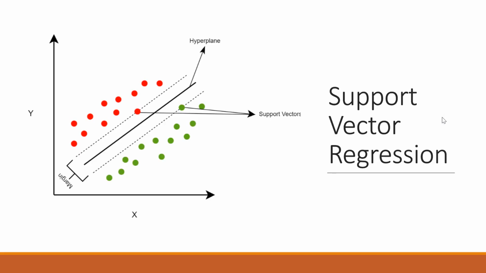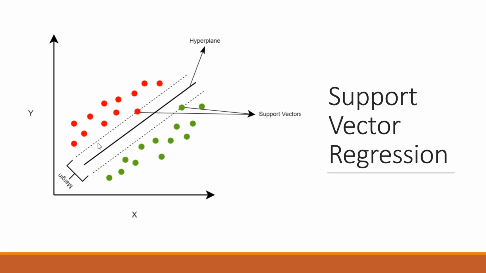Now here you can see one representation of support vector regression, where the very first component you can see is a straight line, which is the hyperplane. A hyperplane is a line used to divide the data points into groups on a dimension higher than the real dimension. According to SVR, it is referred to as a line that aids in predicting the desired result. After that, we have boundary lines.